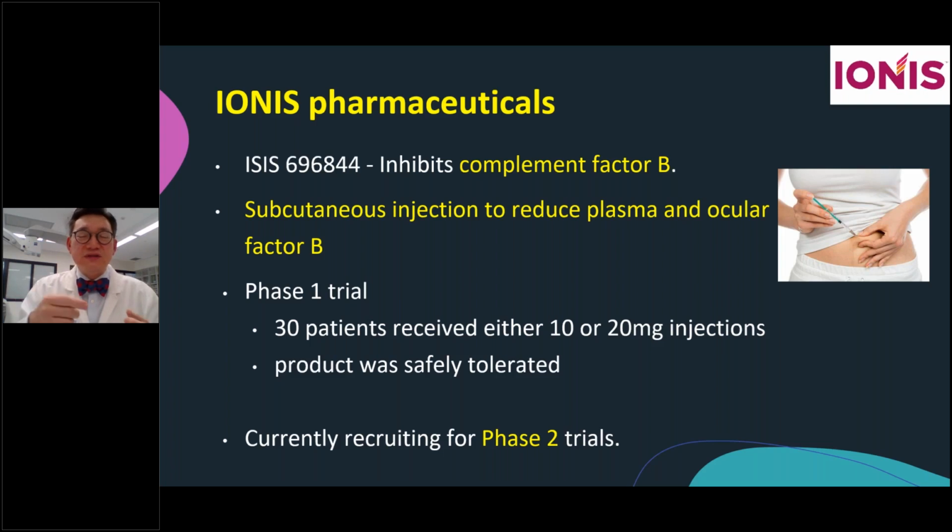That is, as you can see on the picture, a drug is given just under the skin, and the aim is to reduce plasma and also the levels of factor B in the eye. It is in what we call phase 1 trial is already completed, and it was well tolerated, and it's recruiting for now phase 2. It's recruiting for phase 2 study right at this moment.